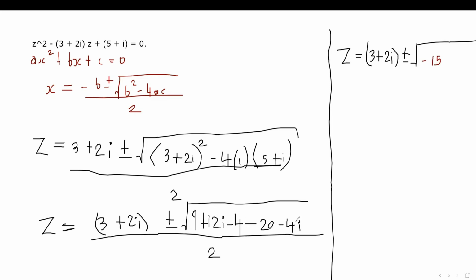And then 12i minus 4i is 8i. So you get minus 15 plus 8i, divided by 2.